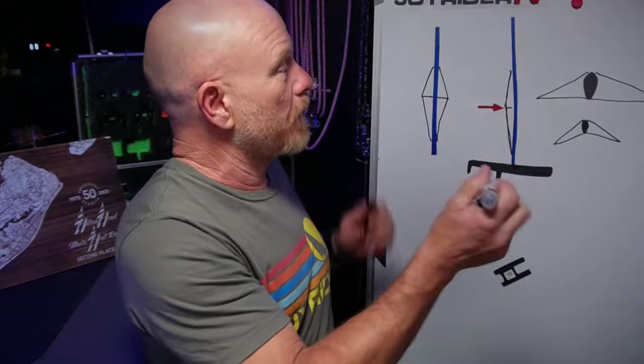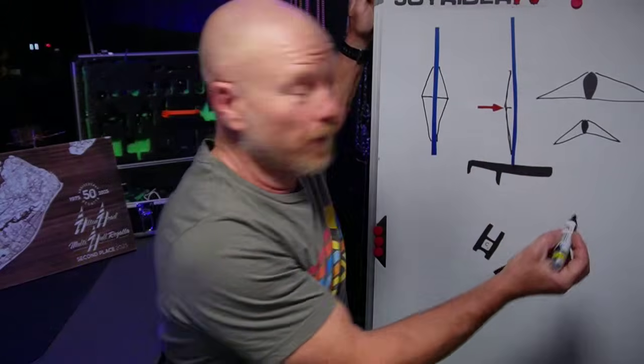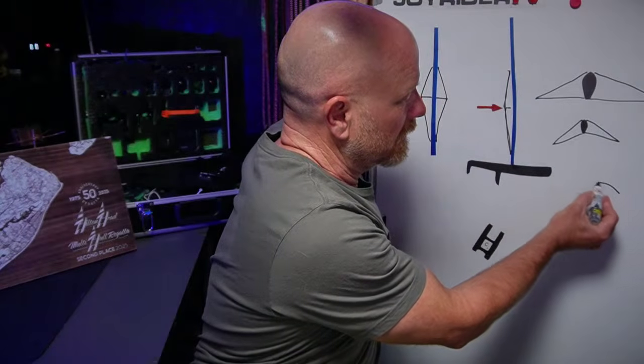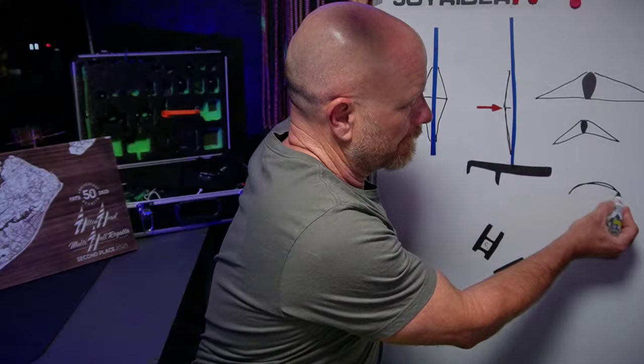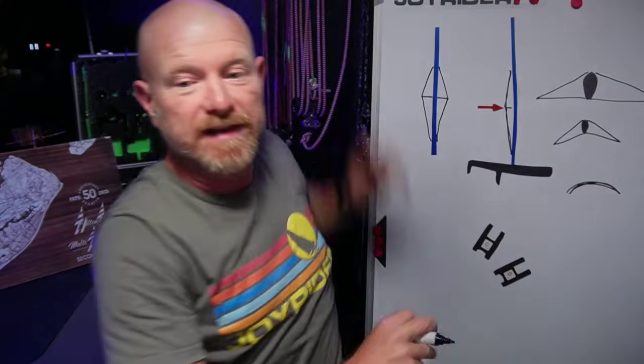So by putting a straight edge against the curved edge, the profile of the sail is going to be very curved like this before we even talk about what we're doing with the battens. So that is one way to look at it.